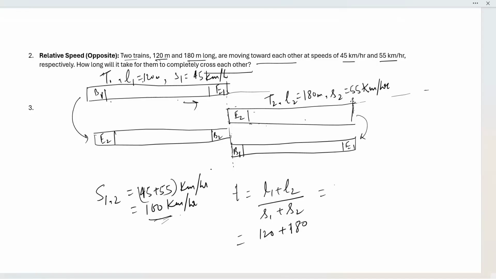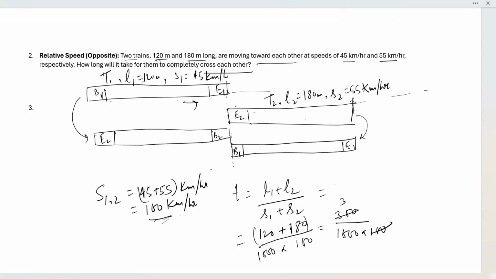So to make the calculation easy, I'm just keeping it that way. I'll convert this into kilometers. This is in meters, so I'll put 1000 below, and the sum is 100 kilometer per hour, so I'll put 100 over here. So this becomes 300 by 1000 into 100.